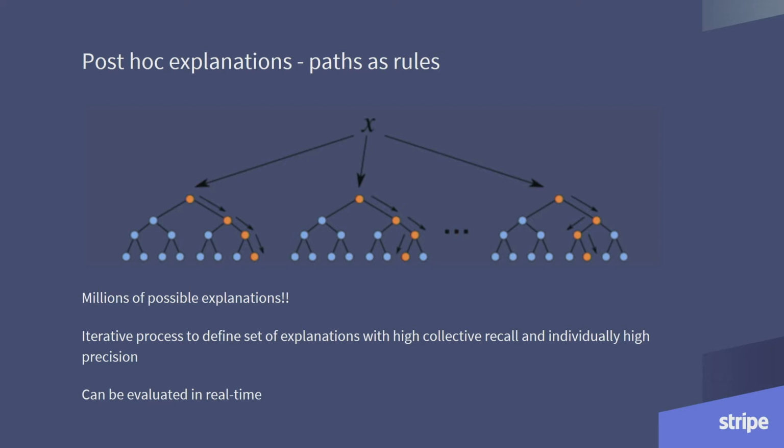So we use an iterative process to limit that down a little bit and ultimately define a set of explanations that have high recall over the entire data set and that individually have high precision. Then this simpler model or explanation is something that we can easily evaluate in real time along with the more complex model, and that we can then use to show the reason in the dashboard.